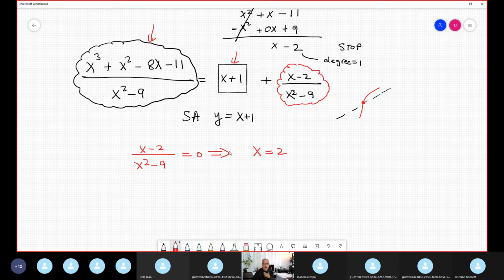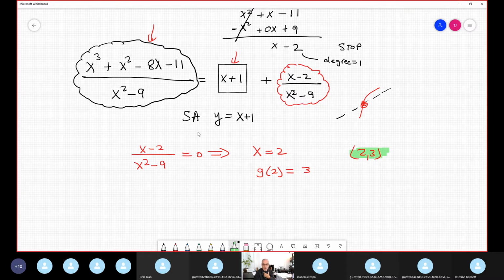And now in order to find the y value associated with that important point, you evaluate the function at 2. Plugging in, the answer is 3. And the point is (2, 3). Wow, I get a super important point.